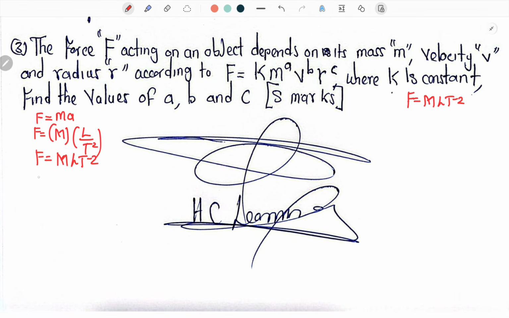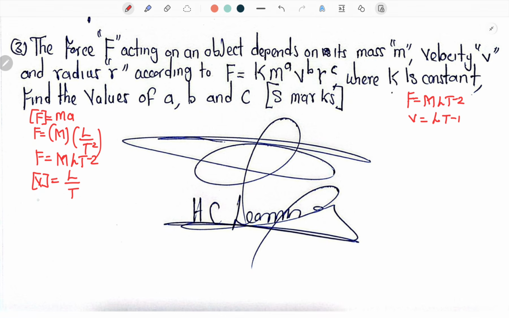What are the dimensions of velocity? The dimensions of velocity is simply L over T. Okay, so velocity in MLT concept is going to be L T to the power negative 1. Right. Then what else have we been given? We've been given the radius.